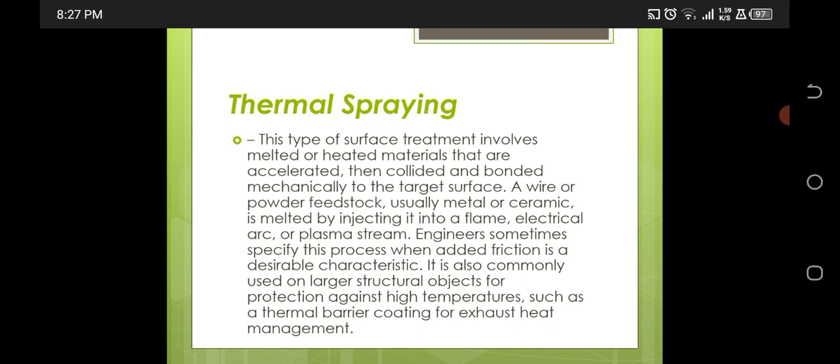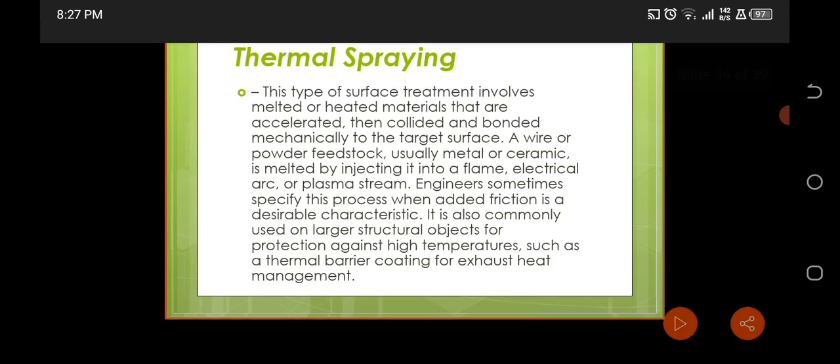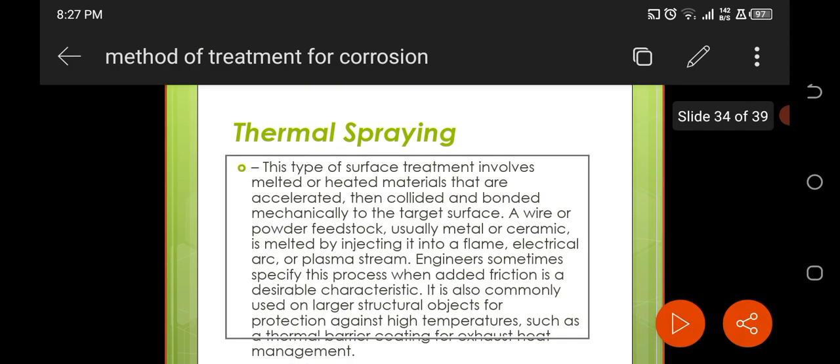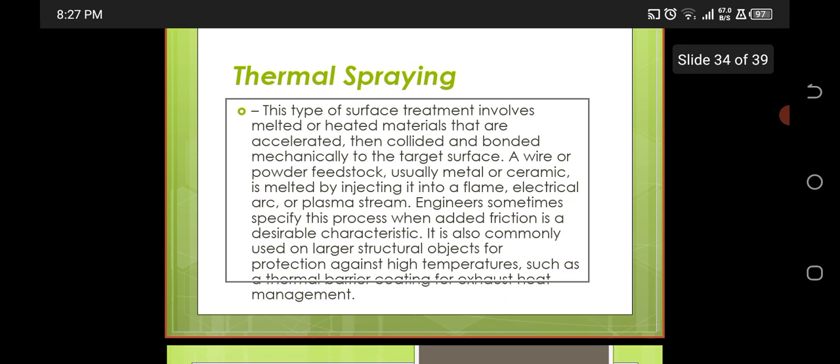This is called rusting. If the same thing happens for any other metal, maybe aluminium, chromium, or any other metal, we use the term corrosion, not rusting. Rusting is specific for iron, while corrosion can be used for any metal.